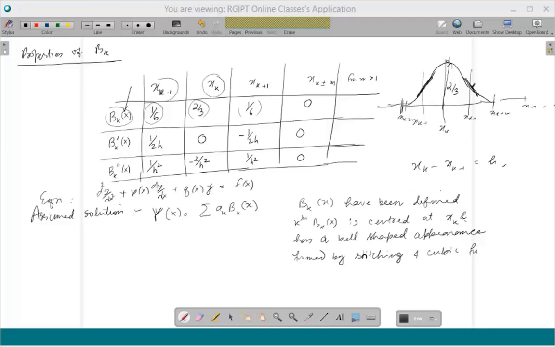Four cubic functions, as shown up here. So these are b_k of x.